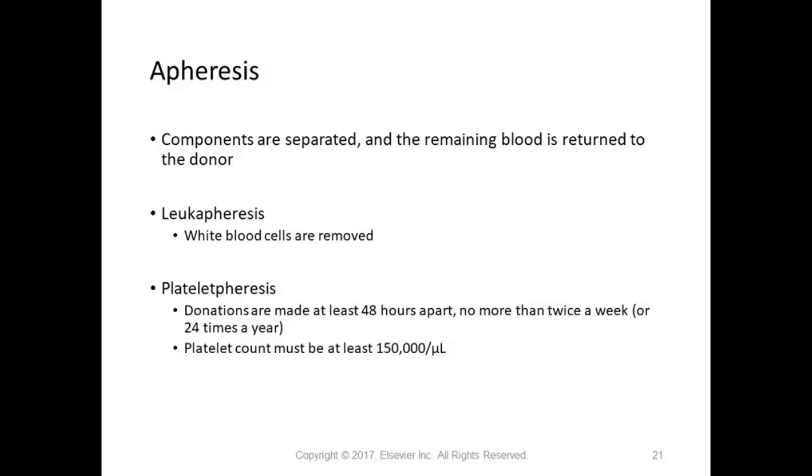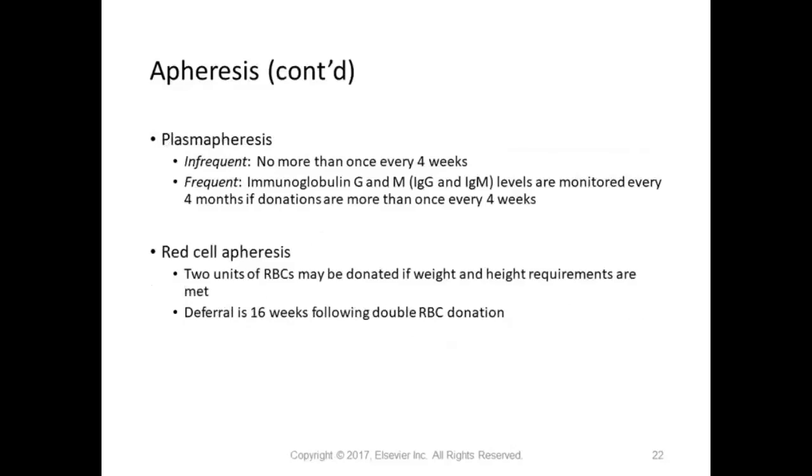So with the platelet pheresis, you get like a concentrated bag of platelets, so to speak. Whereas when you're taking platelets off a donor unit, you'll get single bag platelets. And we'll talk about that too in chapter 15.